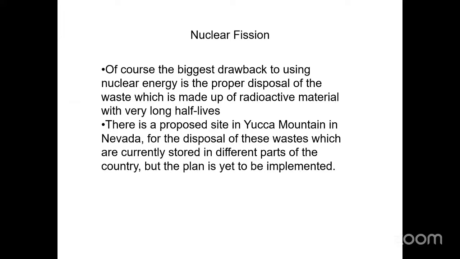What time is it, by the way? Okay, should be enough time. I was looking online to see what has been the latest in terms of decisions being made on how to dispose of these wastes.